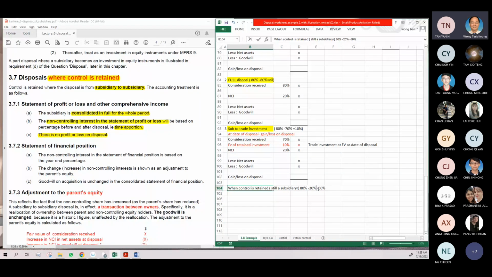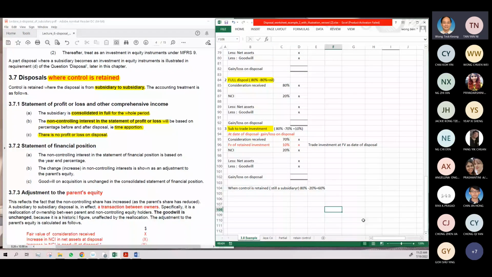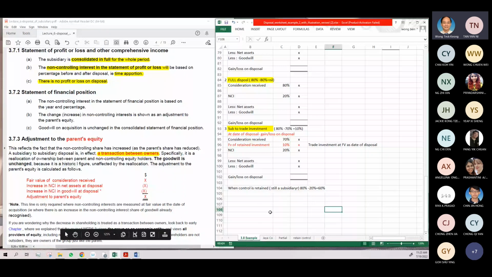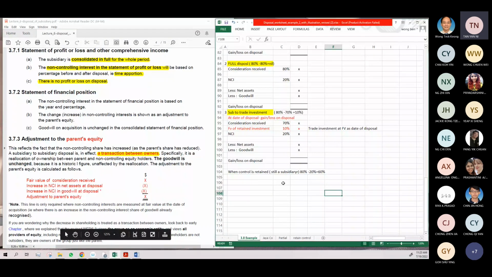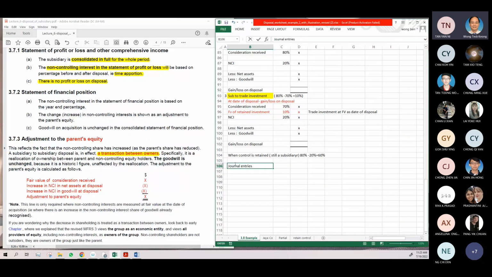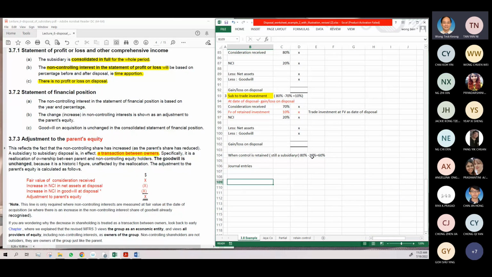So in this case, it is treated as a transaction between owners, between the parent and the NCI. So when this happens, you need to pass a journal entry. Very simple. So in this case, you sell 20%, 80% minus 20 gets 60.